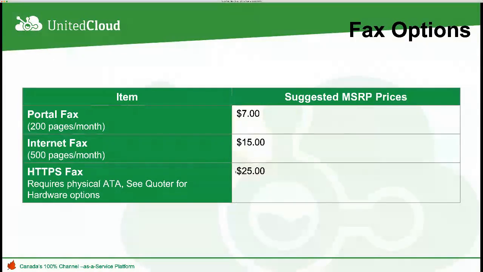You can do broadcasting, cover page, cover letter. I mean, you can do confirmation when people receive the email or not. We also have the secure fax, which requires a special physical ATA flash firmware. It's $25 for 500 pages.